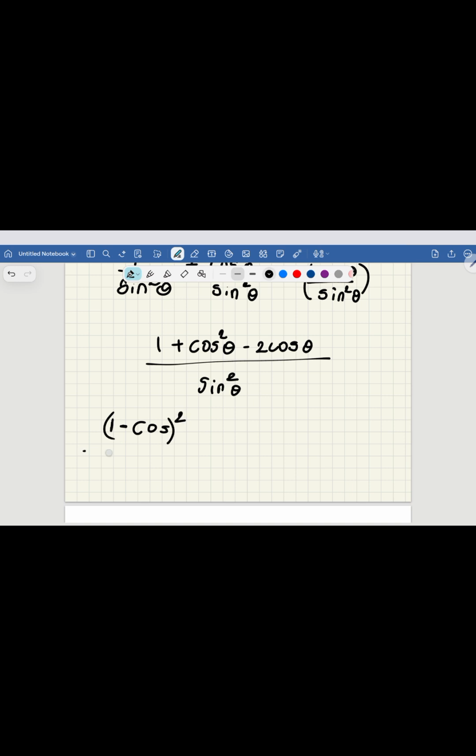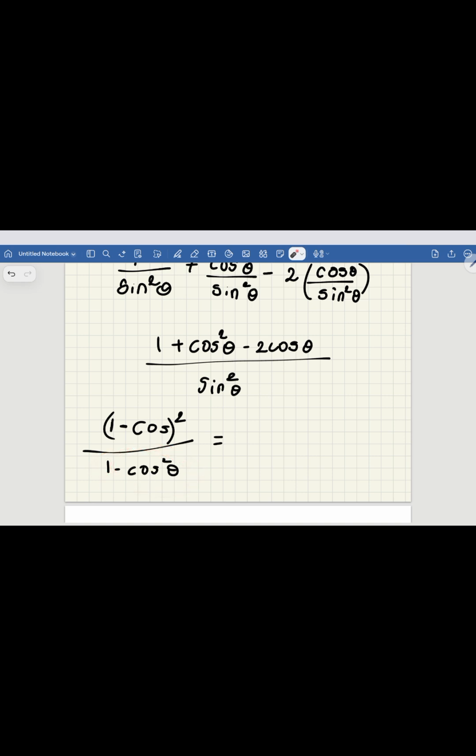And now what will you write down sine square theta as? Obviously 1 minus cos square theta. Now 1 minus cos square theta whole square is 1 minus cos theta into 1 minus cos theta, right? And here in the denominator it is of the form a minus b into a plus b.